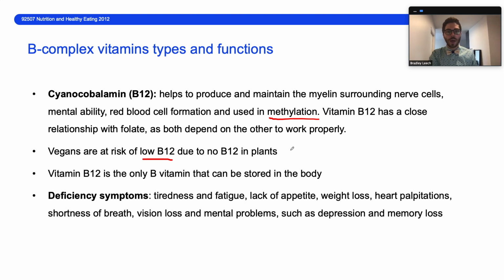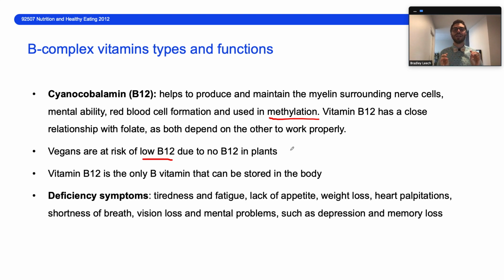Of note, it takes between 3 to 5 years to become deficient in B12. So an individual who goes vegan isn't necessarily going to become B12 deficient in the first month or two. It's 3 years down the track, that's when they'll become B12 deficient. B12 deficiency, generally you could say, presents as tingling and numbness within the fingers and toes.